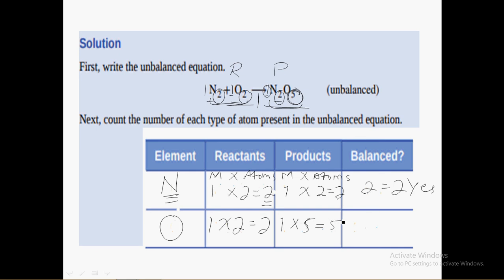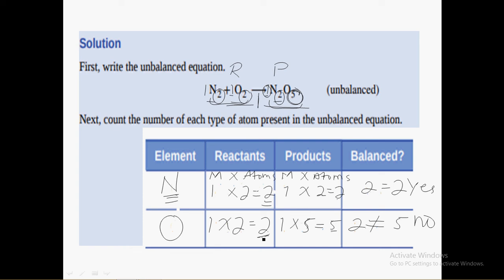Is it balanced? No. Number of reactants in oxygen is not equal to the products of oxygen. So 2 of reactants is not equal to the 5. We have to balance oxygen now. Which is smaller, the reactants or the products of oxygen? The reactants are smaller.